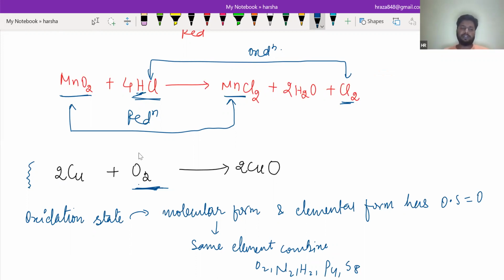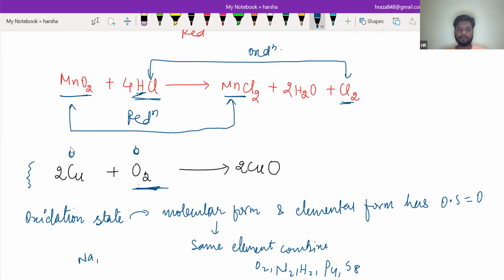So this is a molecule, that means it has oxidation state 0. And if the elemental name is directly given, like sodium, generally in elemental form it will be a metal, so it also has oxidation state 0. Yes or no?